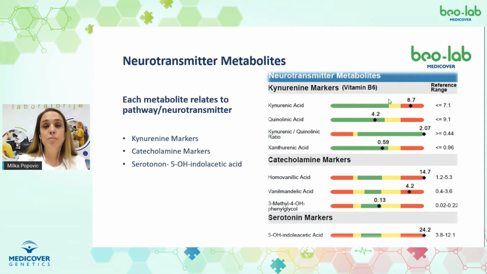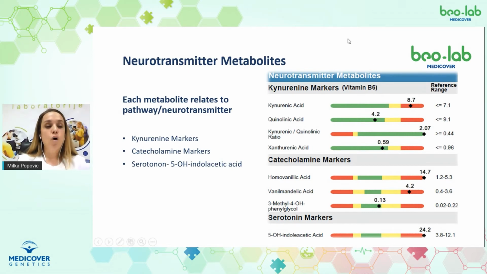Now, here's a table showing you the neurotransmitter metabolites. It's very important in children on the spectrum, and something that I'll talk about in more detail is the kynurenine markers. So in this section, we've got the kynurenine markers that are linked to the metabolic pathway of the amino acid tryptophan.